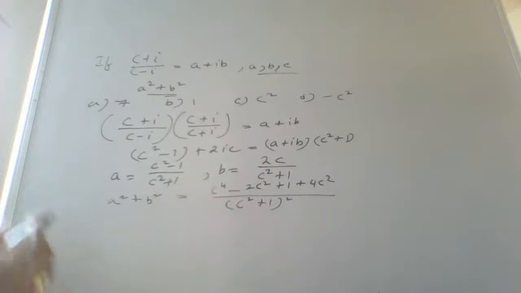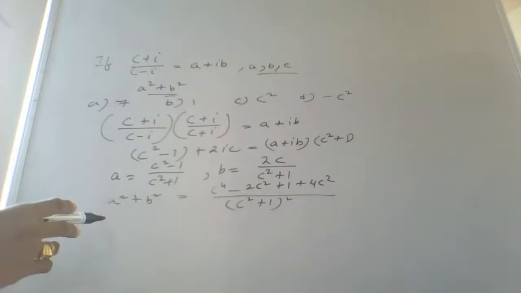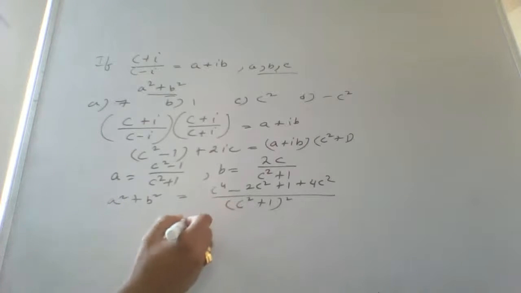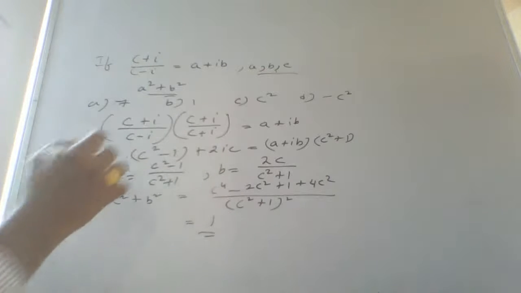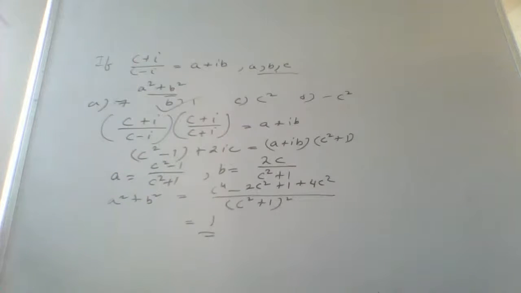Now if you look at this, the numerator is the same as the denominator. So when you cancel this out, you'll get 1. So the choice is 1.